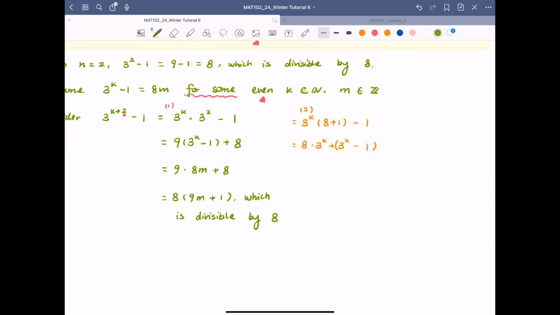That's for this way. The orange way is the same thing: 8 times 3 to the k plus 8m, which is 8 times 3 to the k plus m, which is divisible by 8. My question is, is there anything missing in my proof?